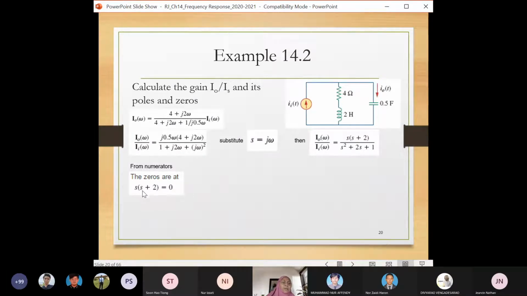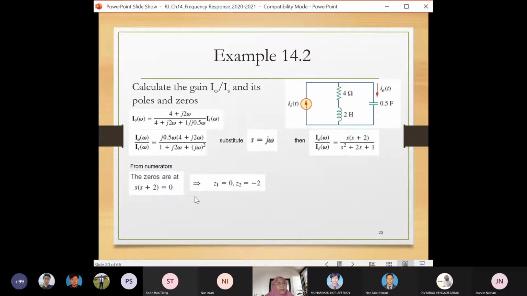When s is negative 2, negative 2 times 0 becomes 0 too. So in other words, the solutions to this expression are the zeros. You will have two zeros from this numerator expression: Z1 at s equals 0 and Z2 at s equals negative 2. So you say the zeros are at negative 2 and at 0.